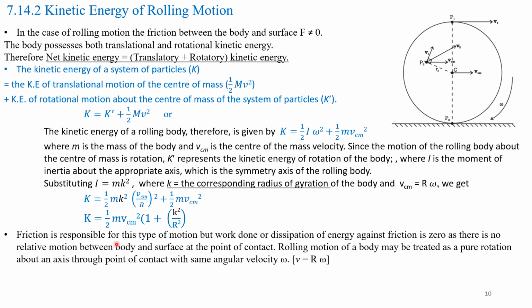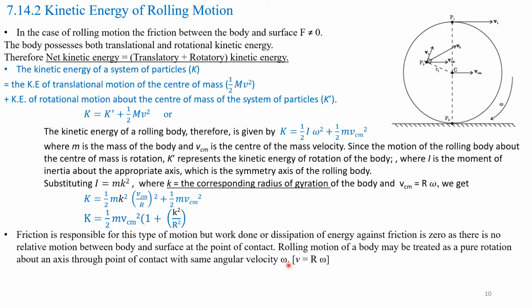Therefore, friction is responsible for this type of motion, but work done or dissipation of energy against friction is zero, as there is no relative motion between the body and surface at the point of contact. Rolling motion of a body may be treated as a pure rotation about an axis through the point of contact with the same angular velocity omega.